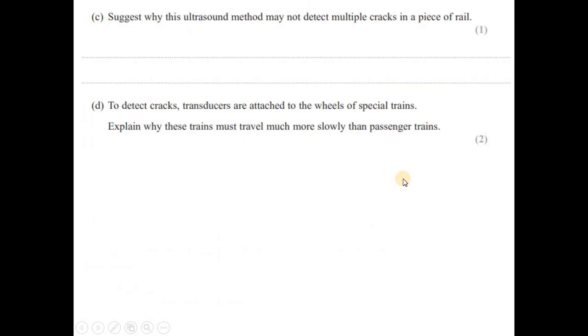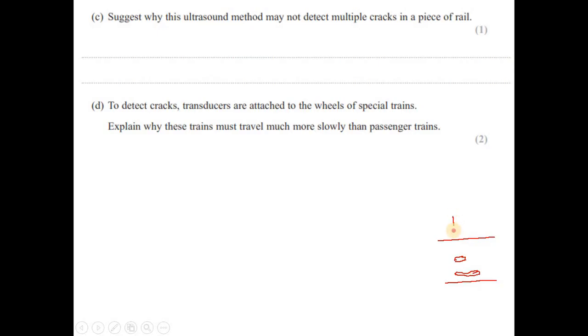Part C: suggest why this ultrasound method may not detect multiple cracks in a piece of rail. Clearly, I told you that the pulse is reflected from the boundary of the other medium. So if you have more than one crack, like this is the rail, and one crack is there somewhere, and another crack is there, like this.